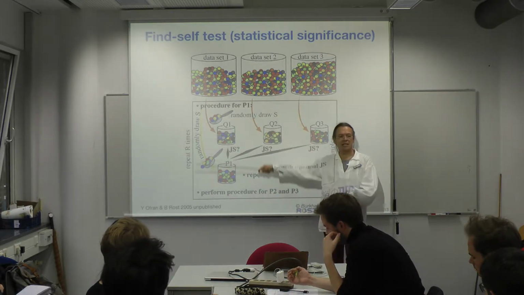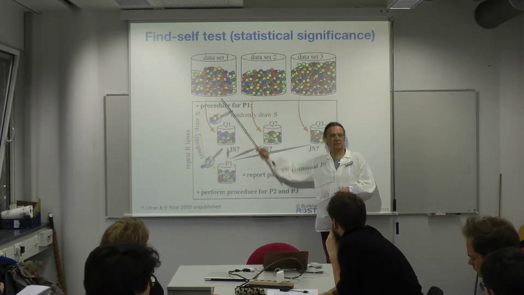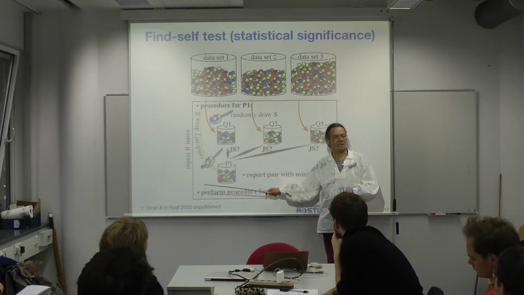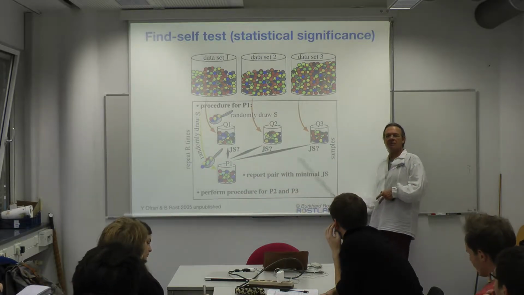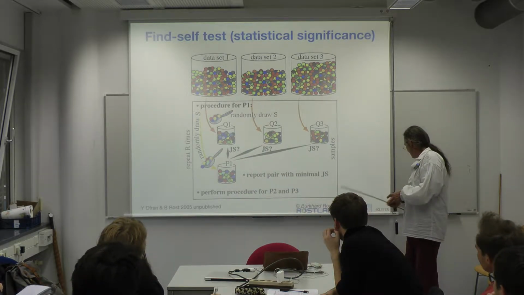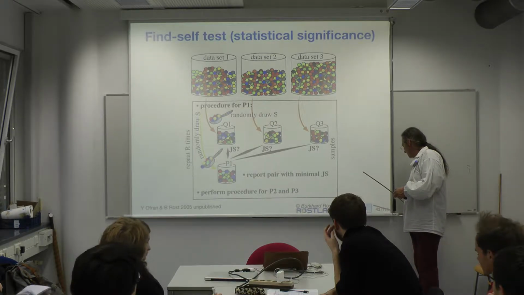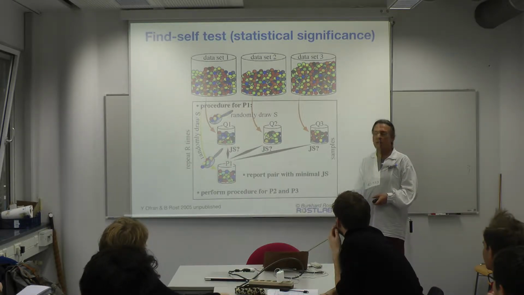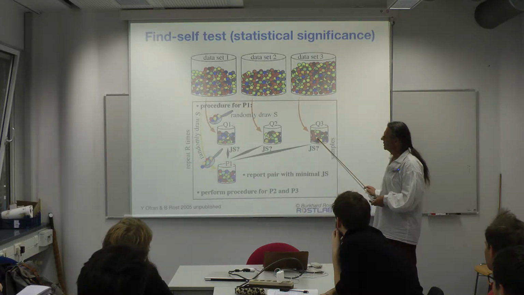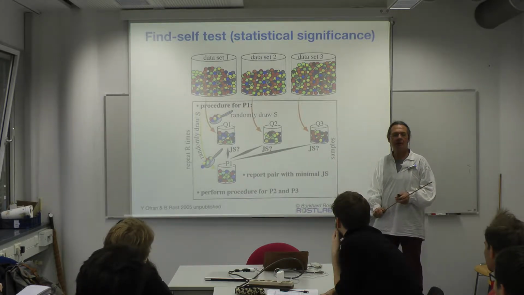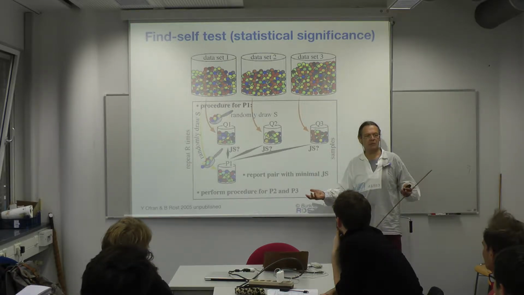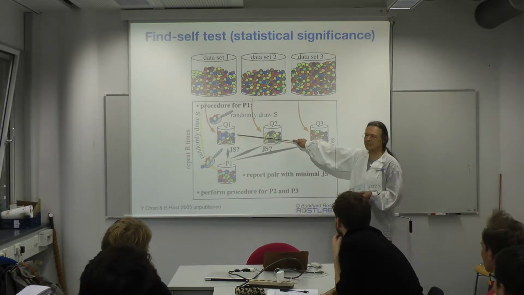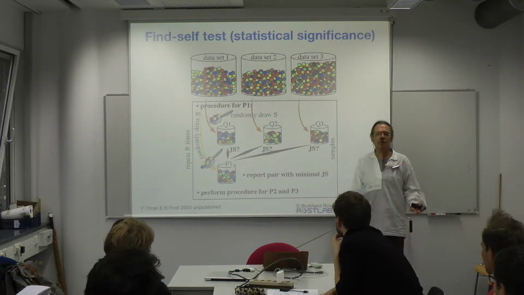And then we pick another 1,000 from the first, and we ask, which of these 1,000 is it, in terms of information content, most similar to? Most similar to this, most similar to that. Right? And if you repeat this random picking 1,000 times, and if it always finds this one, then it's significant.